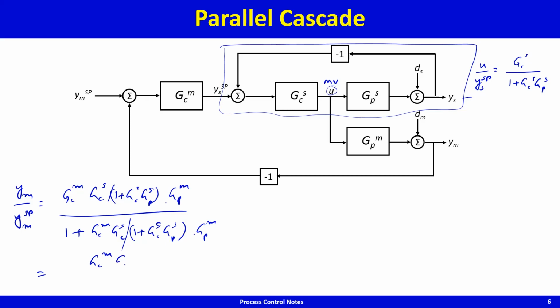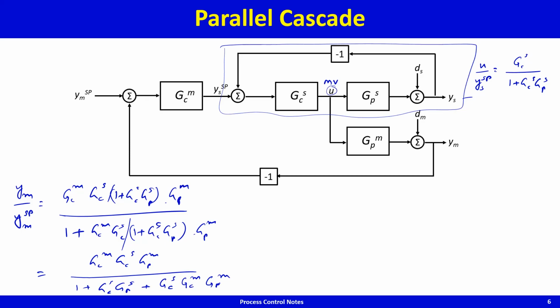and if you solve this, it will turn out to be GCM GCS GPM divided by 1 plus GCS GPS plus GCS GCM times GPM. Note that GPS doesn't occur in the third term.